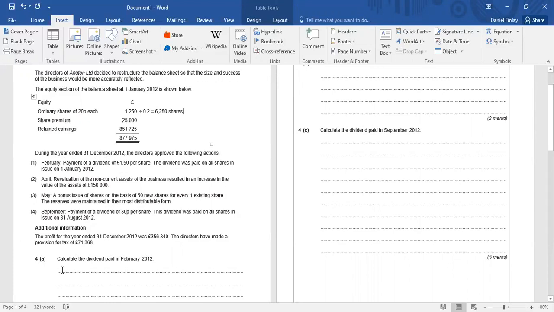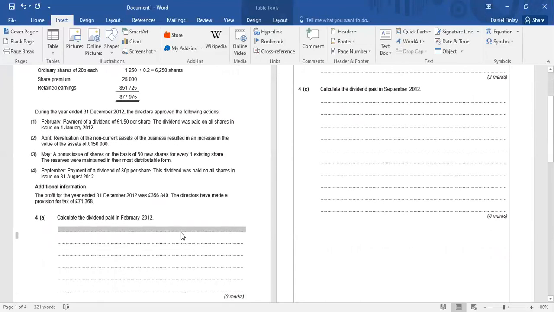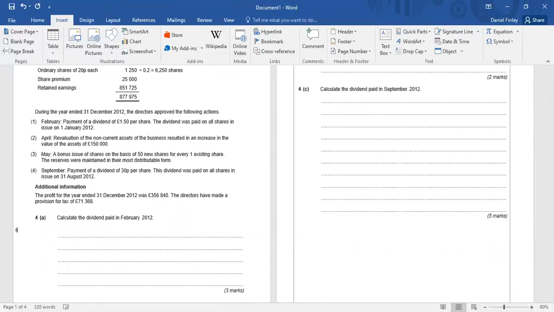Well, we had 6,250 shares. So I'm going to times that by £1.50, so that's how much a dividend is per share, and get £9,375 was that dividend. Easy 3 marks.